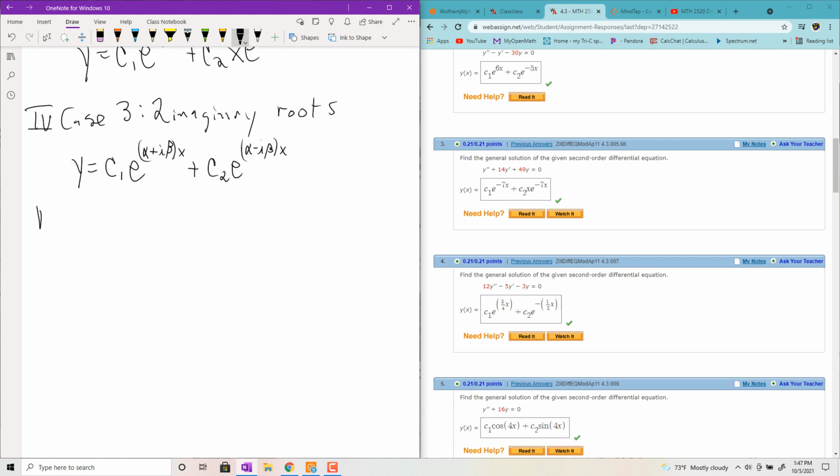So what we're going to do is take Euler's formula, which says that e to the i theta is equal to cosine theta plus i sine theta. You could derive this from a substitution on Maclaurin's series, and I think that's the way you usually do it.